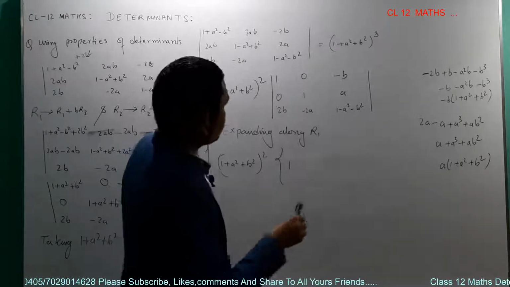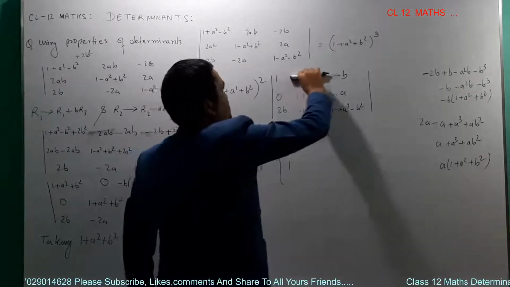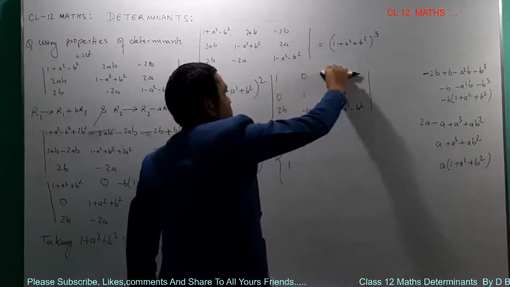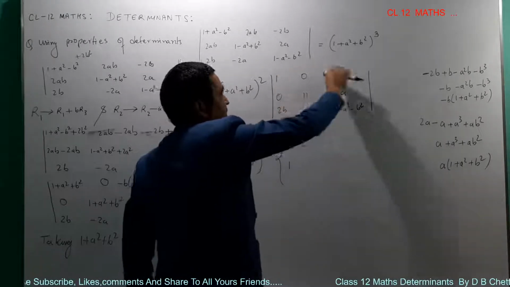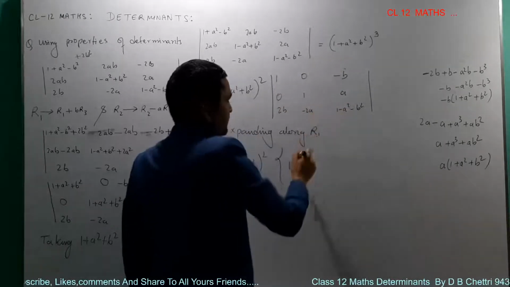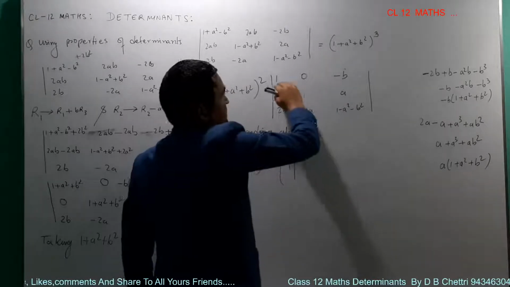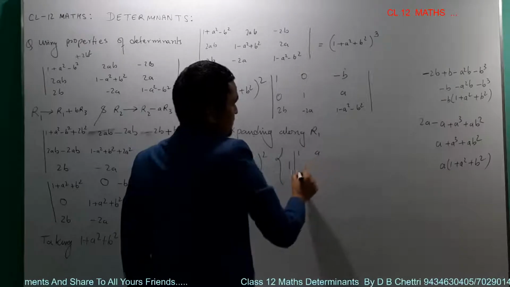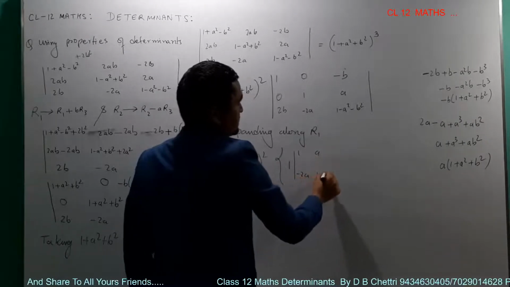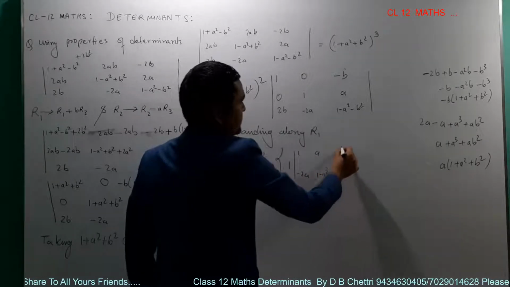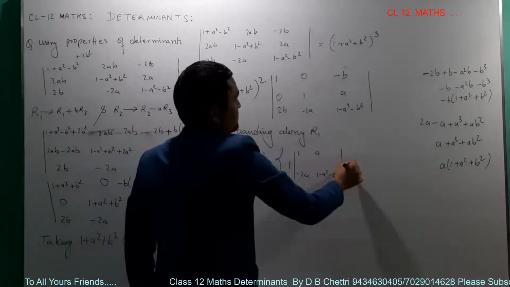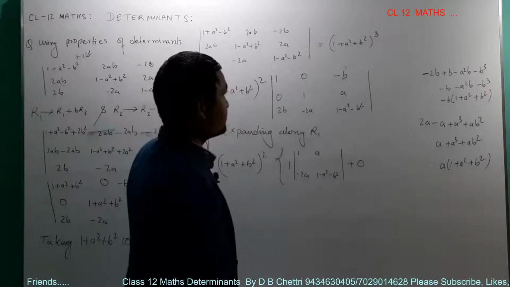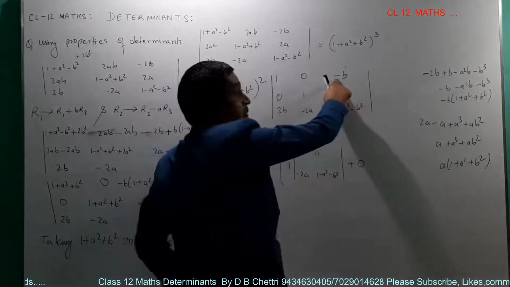Now for the first row first column element, what is left is called the minor. What is left after cancelling the first row and first column is 1, a, minus 2a, 1 minus a square minus b square. Then the second element is 0, no need to compute it because 0 multiplied by any minor is 0. Then the third element is minus b.